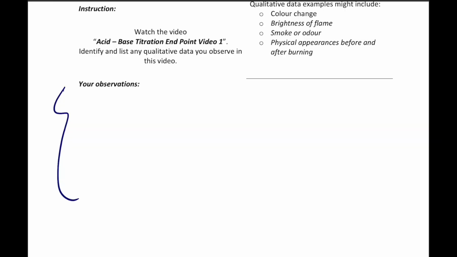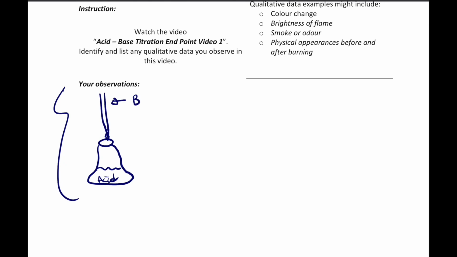Okay, so you have seen a video, and in this video, you can see that there has been a color change, right? And then titration was happening. So there was your flask with the unknown acid here, and then there was your burette, right?